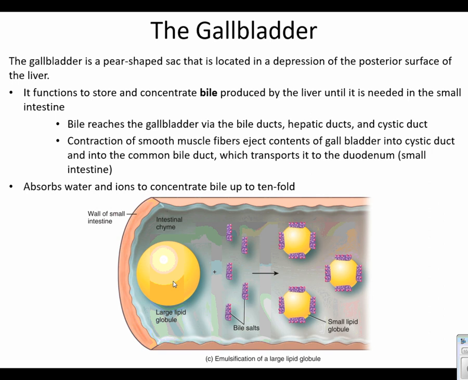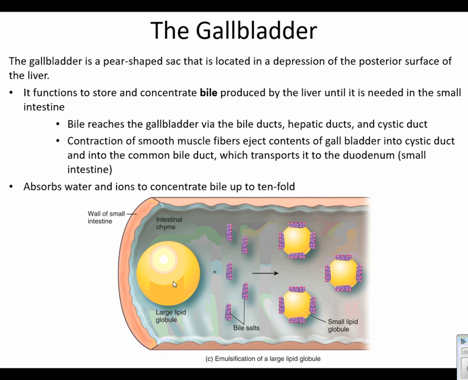If you think back to the beginning of the semester, we learned that fats don't get along very well with water. Well, a lot of the contents of your stomach and intestines will be water, whether you're drinking it directly or if it's part of your food.